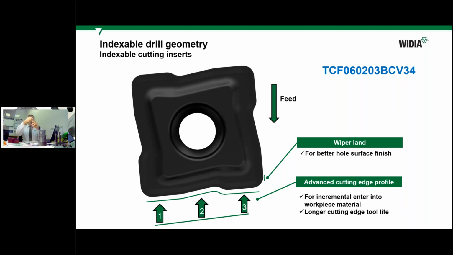At first, the contact starts with the central insert corner, then other points, and then the peripheral insert starts to be in cutting action, and so on. So it allows us to not have any chipping during the entrance to the material.